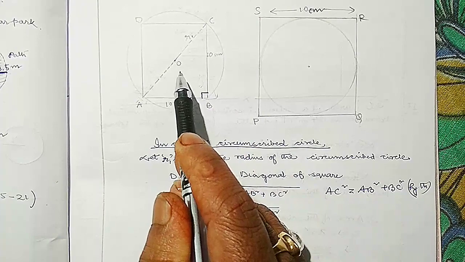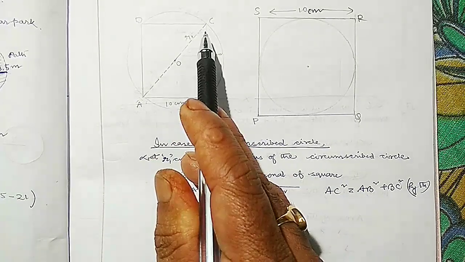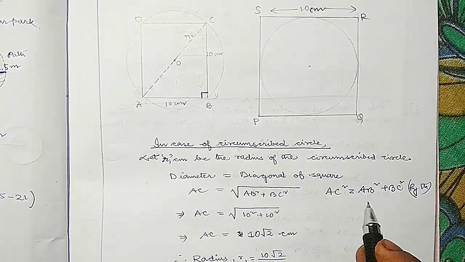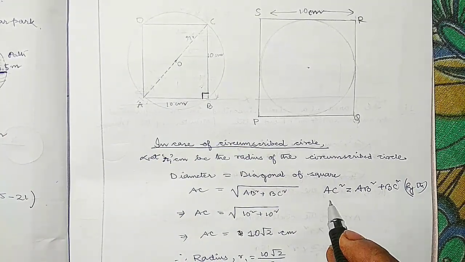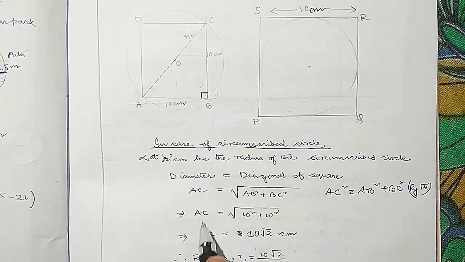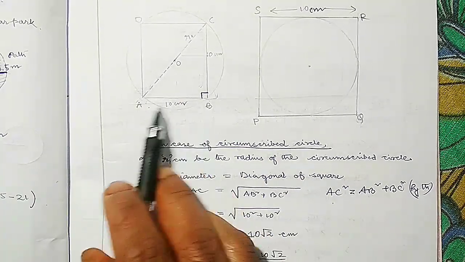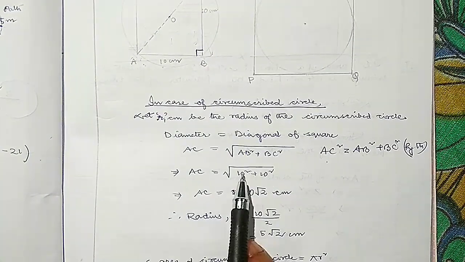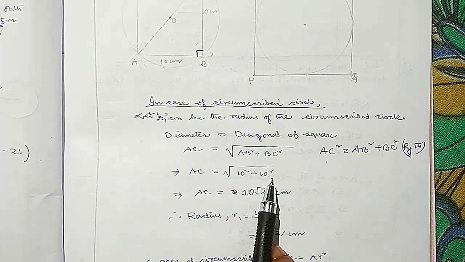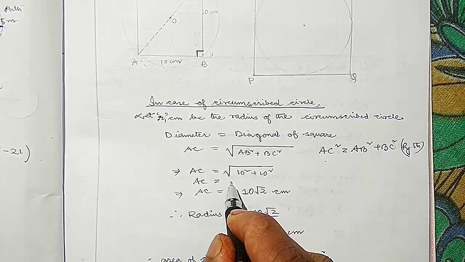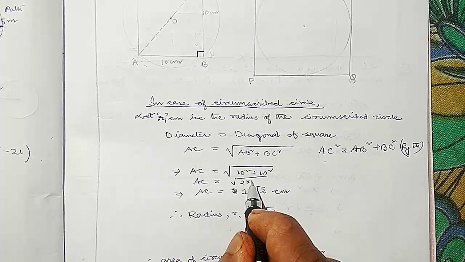So if I apply Pythagoras Theorem here, AC square will be AB square plus BC square. So AC will be root over AB square plus BC square. What is AB here? AB is 10, BC also 10. So AC will be root over 10 square plus 10 square. Therefore AC equals root over 2 times 10 square.